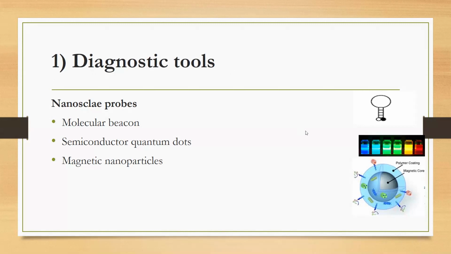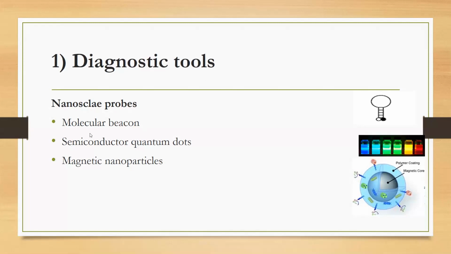So out of these thousands of genes that exist in the genome of the human cells, molecular beacons specifically detect those genes that are responsible for the development of the cardiovascular diseases. So we can diagnose, we can detect those genetic markers or genetic fragments that ultimately lead to the development of cardiovascular diseases by using these molecular beacons.